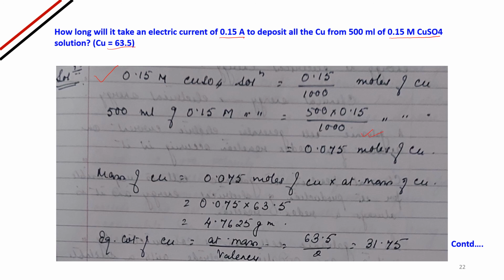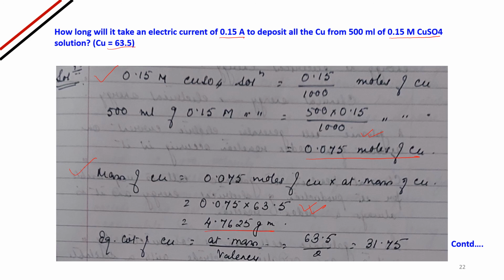So in 500 ml of the solution, the number of moles of copper is 0.075. The mass of copper is the number of moles of copper into the atomic mass of copper, so 0.075 into 63.5 gives you the mass of the copper.